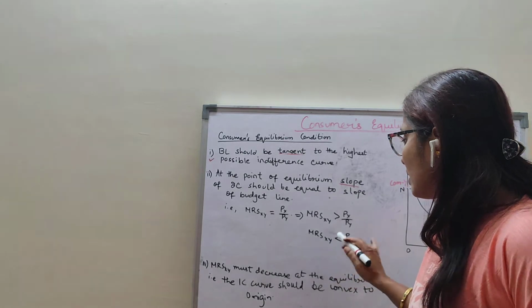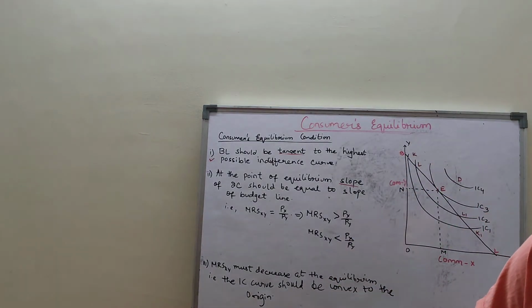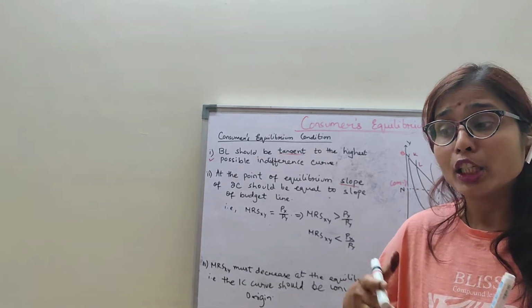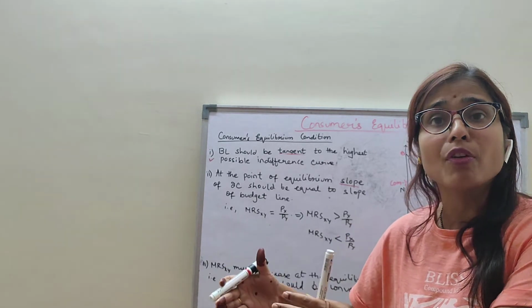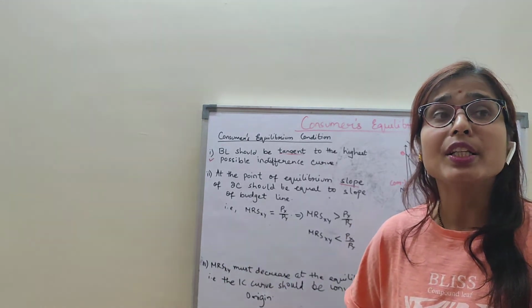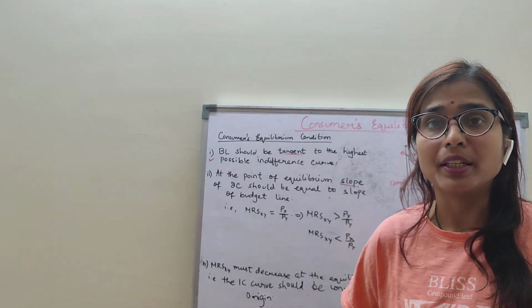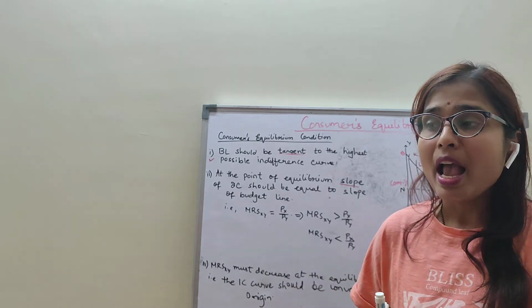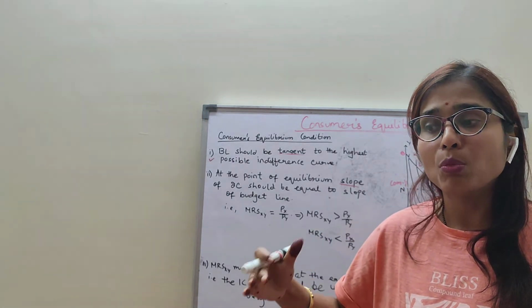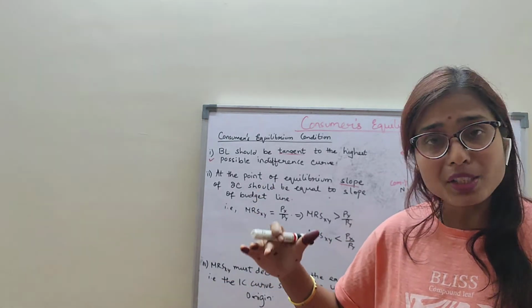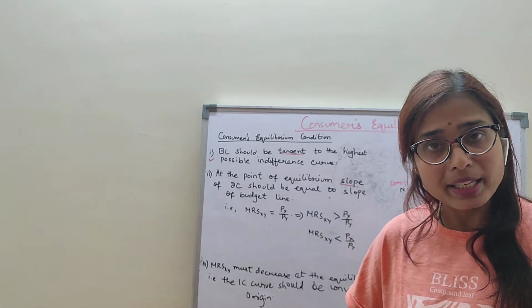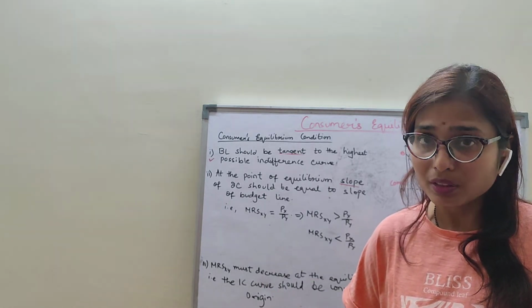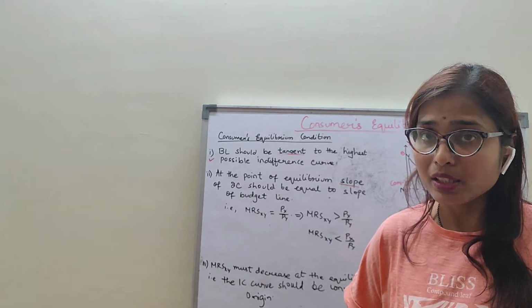Now if MRS is less than price, then what happens? It implies that in order to get 1 more unit of X, the consumer is now willing to give up fewer units of Y. Here the law of diminishing marginal utility applies, because as you consume more and more units of X, your satisfaction level for X declines and you will sacrifice fewer units of the good Y. Clear, isn't it?